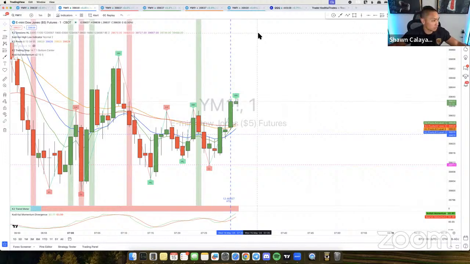So I typically run my main account off my personal because I actually pay for the data through Ninja. So usually these errors come from the prop firms. They don't come from personal account.